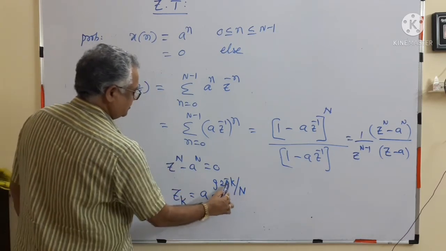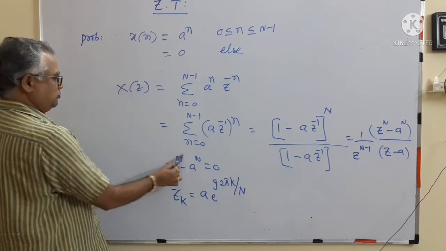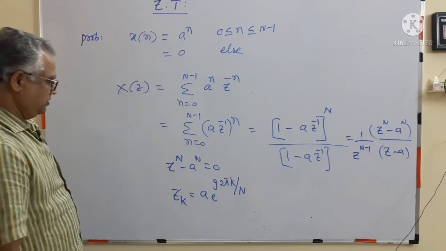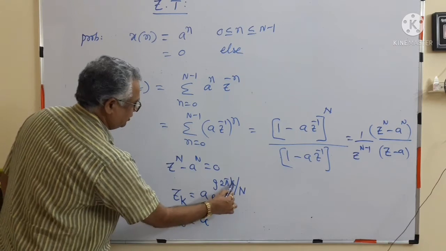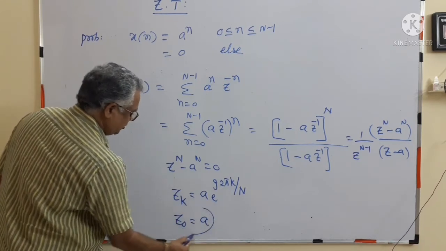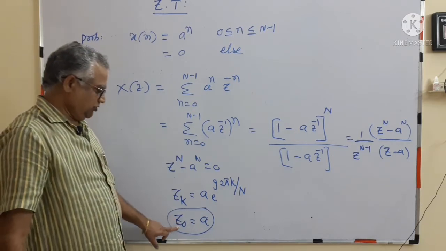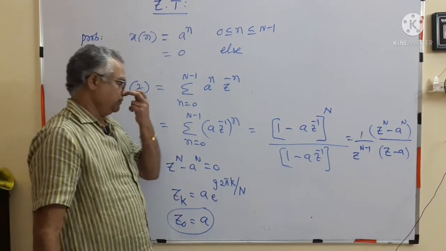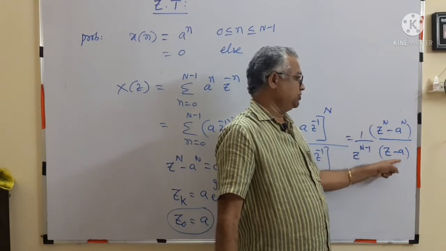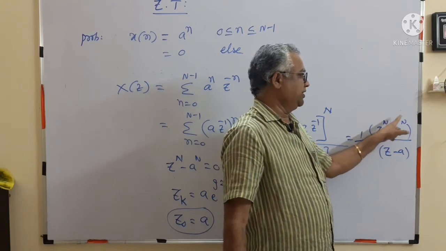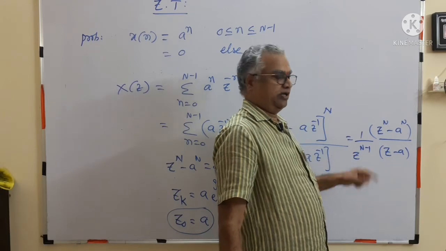So n is this, change different values of k, accordingly you get all possible n number of zeros. So there is a zero at z equal to a for k equal to 0, and there is already a pole at z equal to a, so that zero and this pole will cancel. n minus 1 zeros are there and n minus 1 poles at 0 are there.